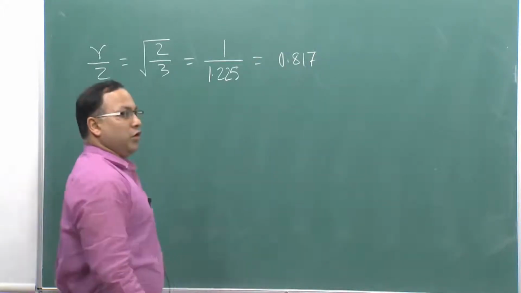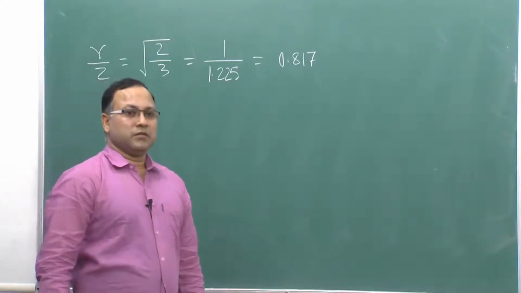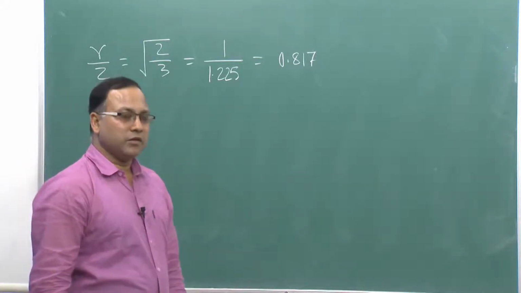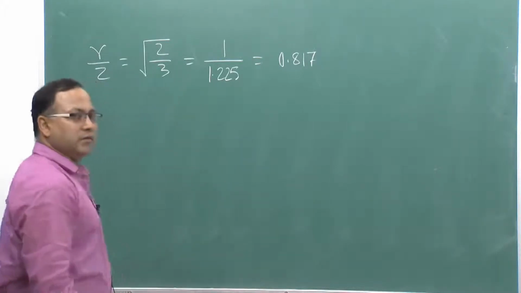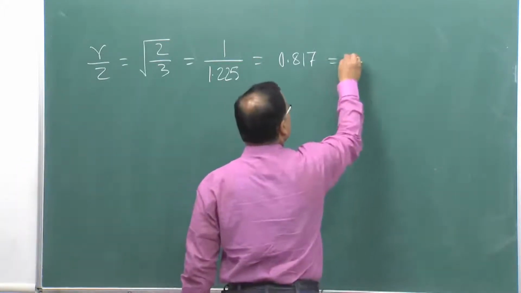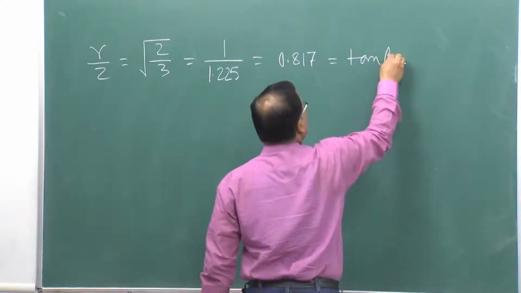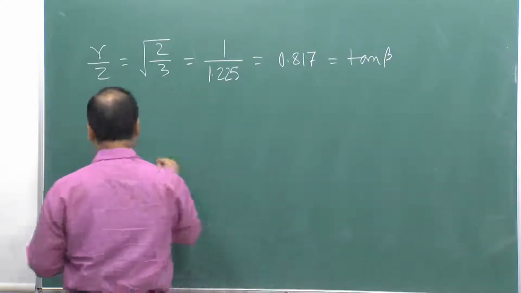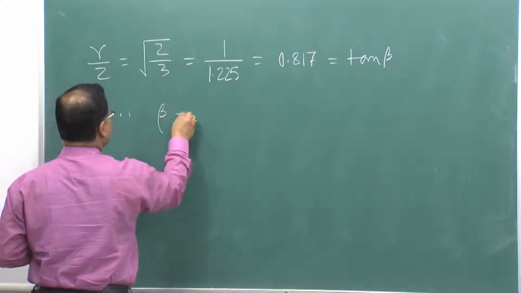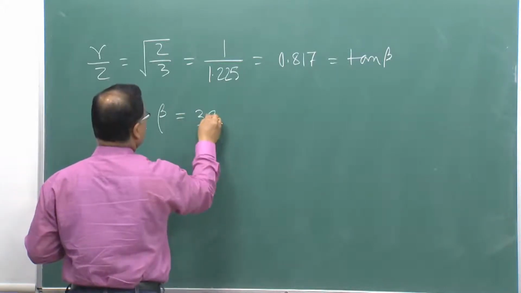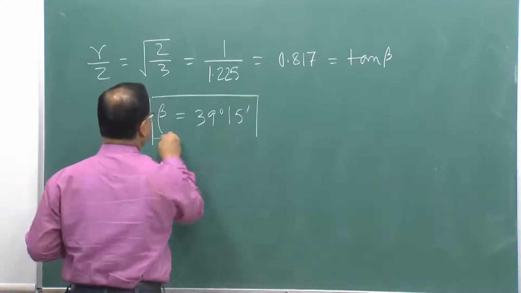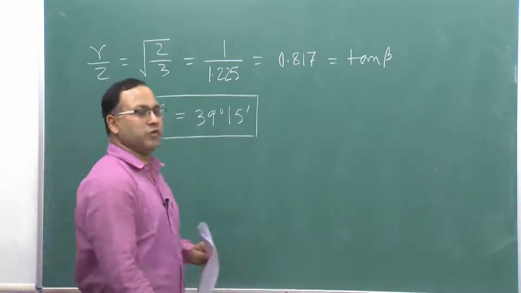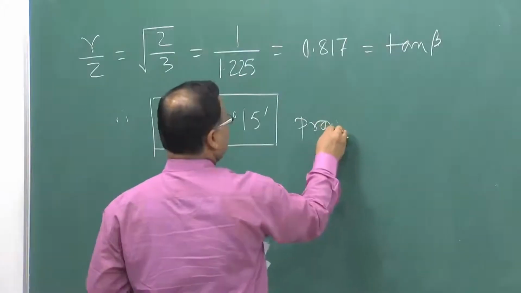Now, if you look back at the figure, whatever figure we have given during the problem definition, at that time what is r by z? That is nothing but tan beta. So, from this I can prove beta is equal to 39 degree 15 minutes. It is proved, hence proved.